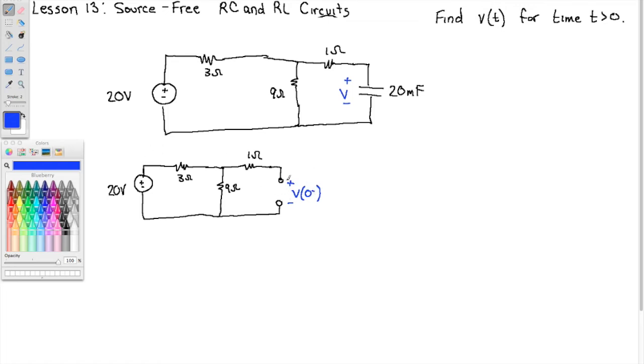So this voltage now we have to get. All right, we'll observe that no current goes through this 1 ohm resistor because it has no return path. So there's no drop across that resistor. Instead, let's find the drop here. Call that Vx. The drop across Vx is equal to, we have a series circuit now, effectively, because no current goes through the 1. So we can use voltage division.